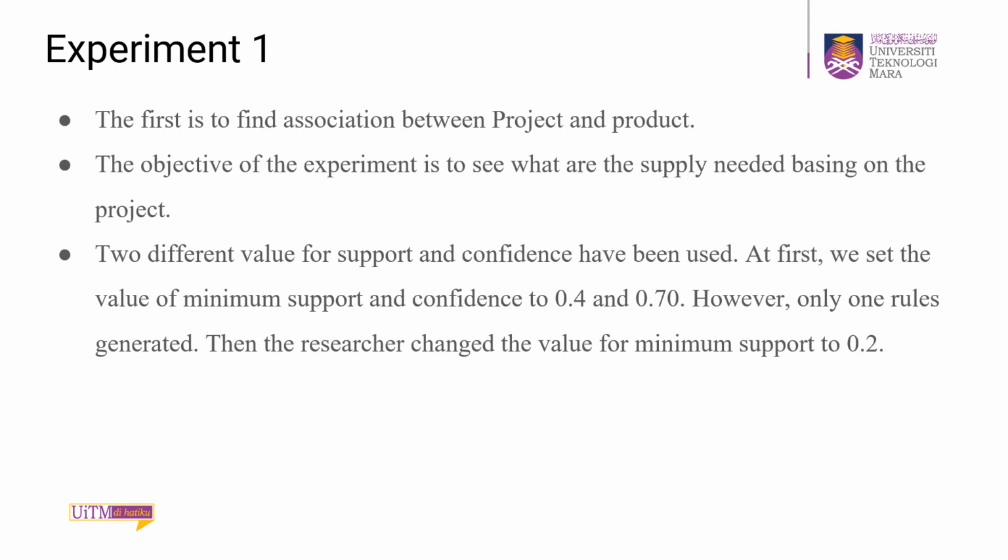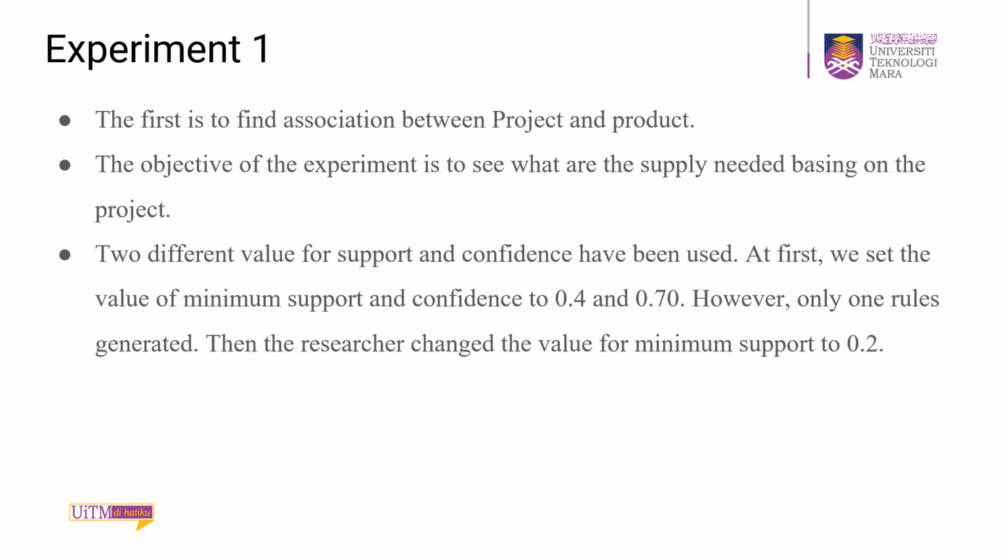The first experiment is to find the association between the project and the product. We want to find what supplies are needed based on the project. There were 2 different settings used. First is 0.4 and 0.7 for support and confidence respectively.